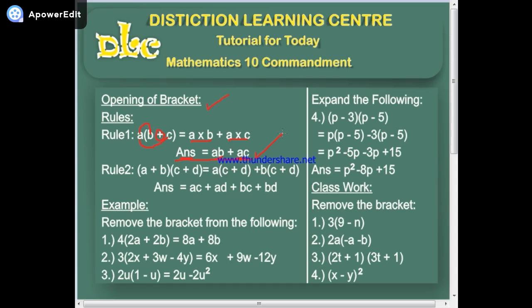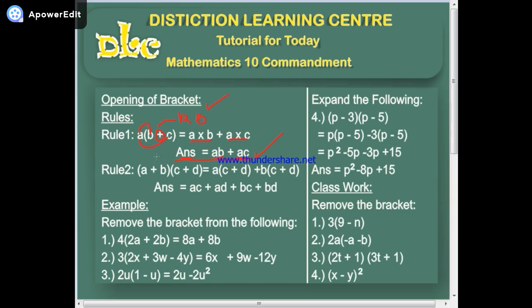Now the next rule is what? When you are asked to expand a bracket. Now don't forget, the first one we do here is what we call removing of bracket. Now the one we are going to do now is expanding of bracket.